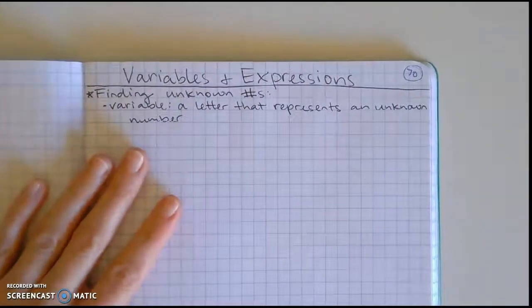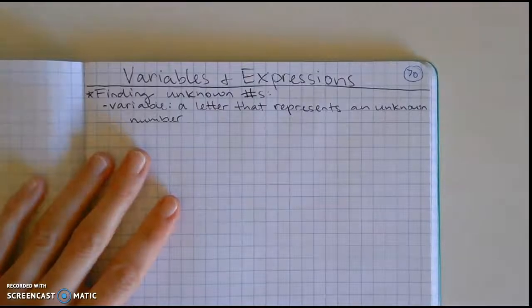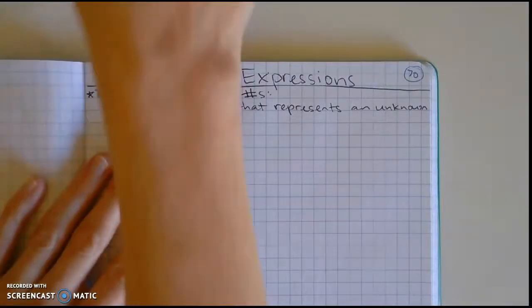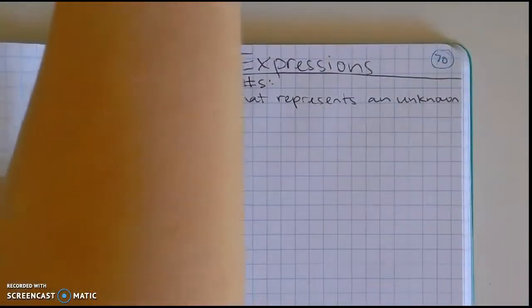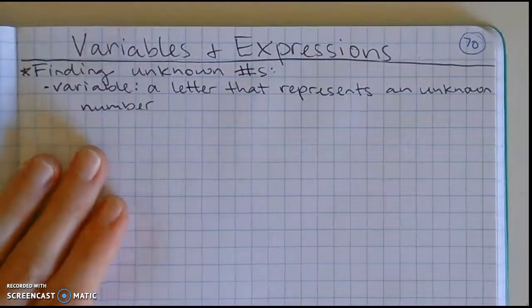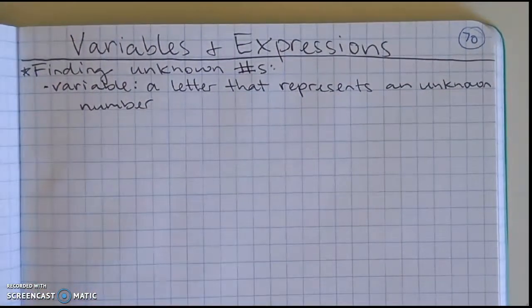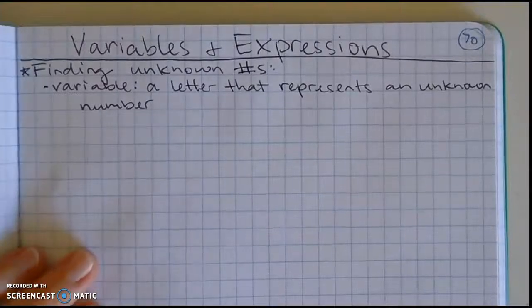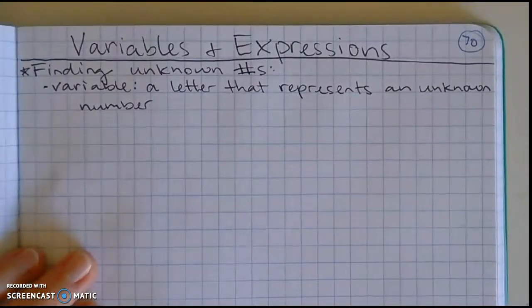Okay, so a letter that represents an unknown number. You know what? I'll zoom in because I know that if we were in class, there would be people saying, "Ms. Grossman, can you zoom in?" So I'm assuming that you need that now also. So a variable is that letter that represents an unknown number.